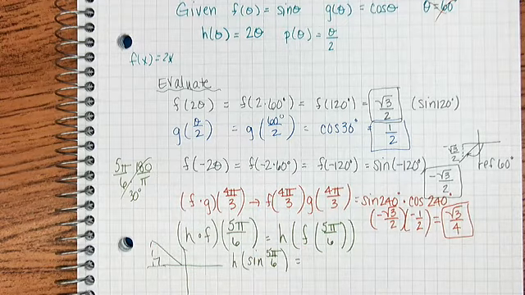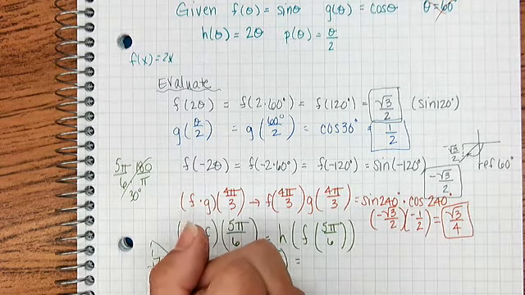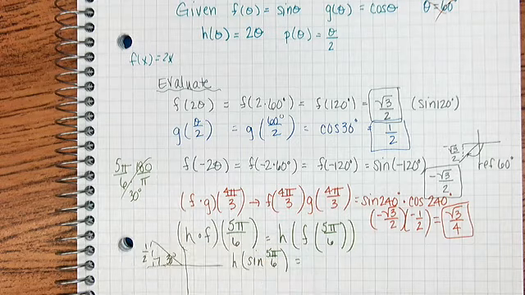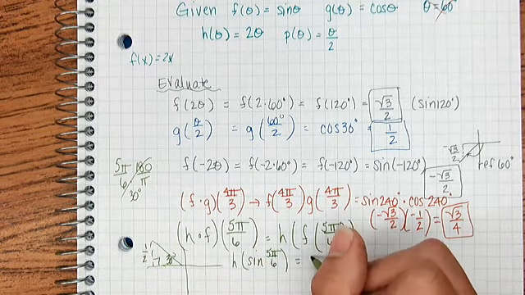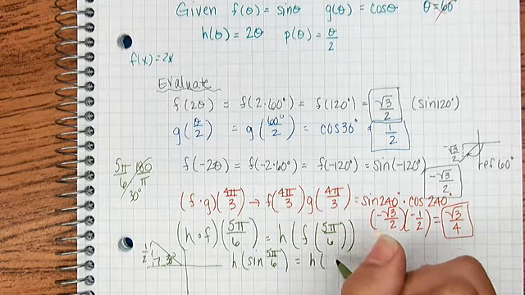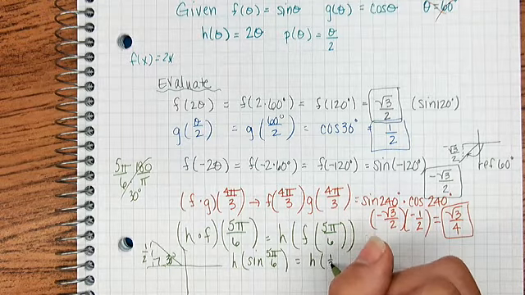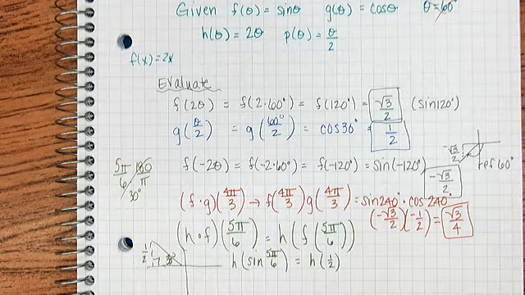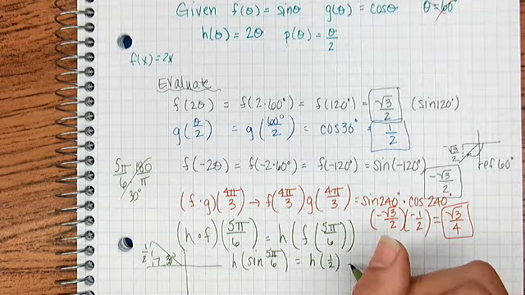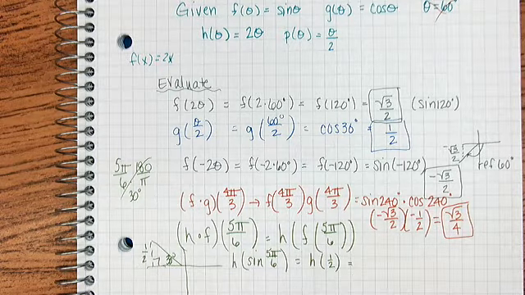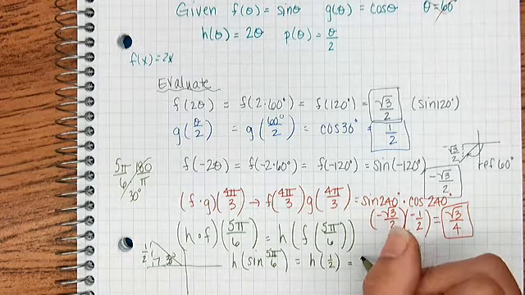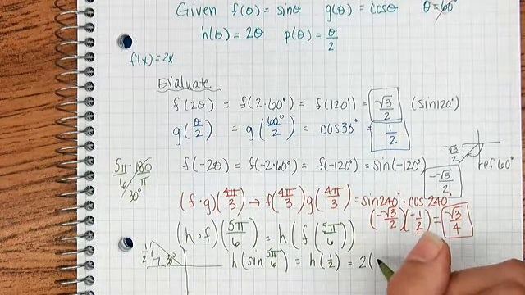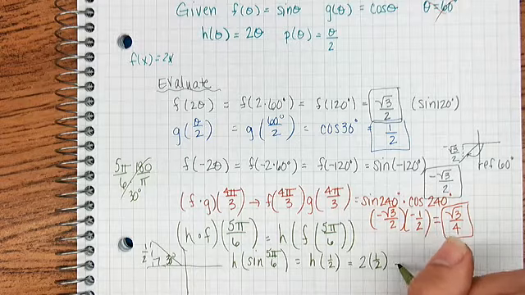If you have your unit circle memorized, more power to you. So this is a 30-degree, and I know that the sine of 30 is 1/2, and it's in quadrant 2, so it's positive. This now becomes the H of 1/2. So now this is 2 times 1/2, which is 1.